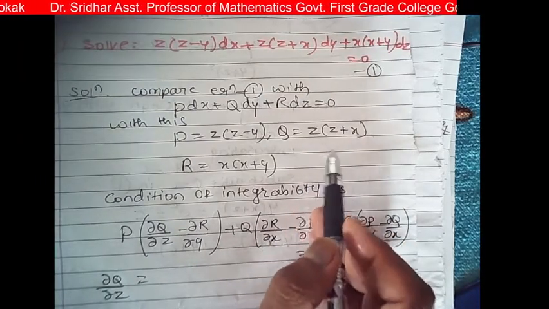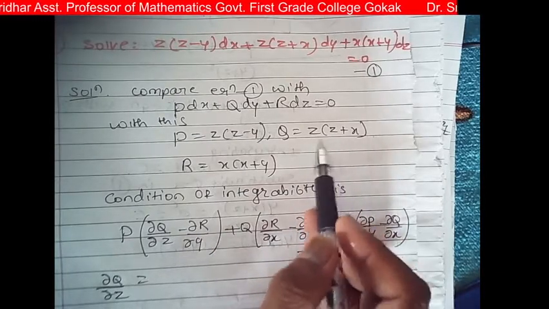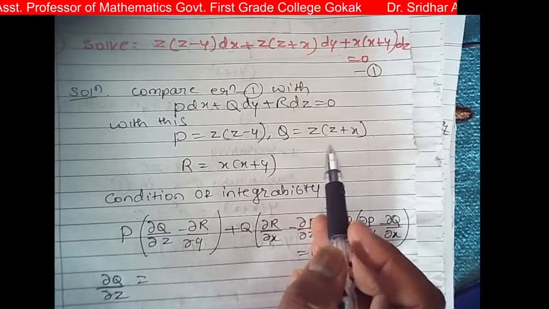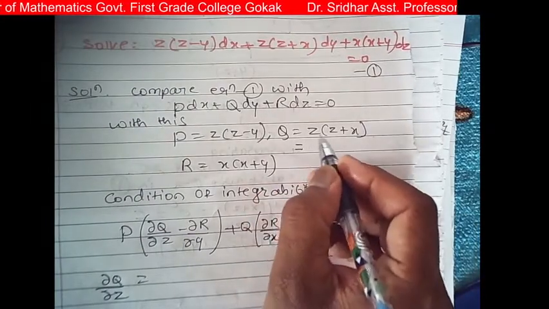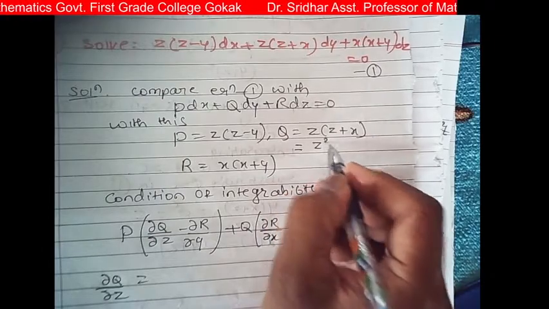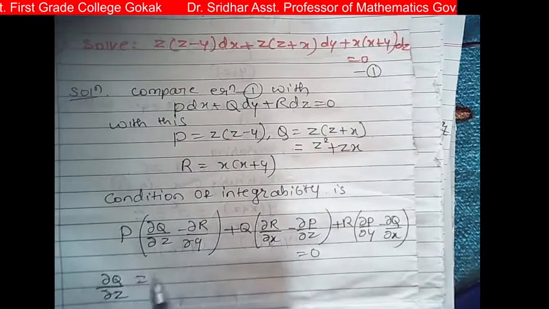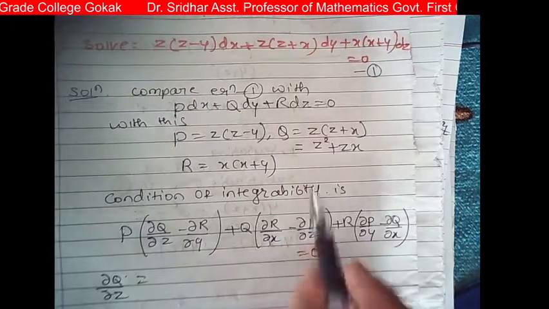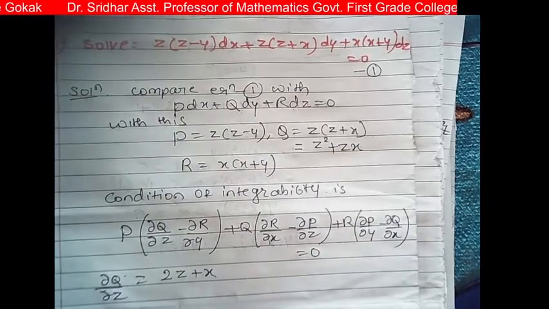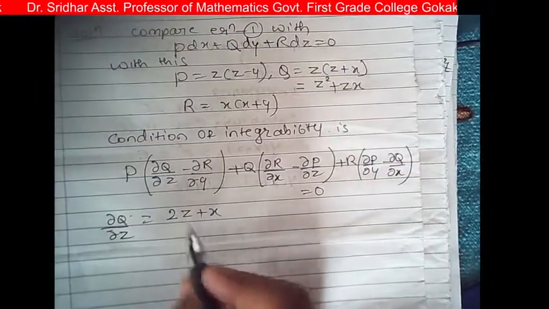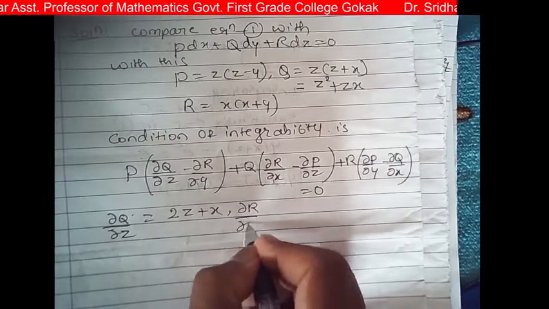Here to differentiate, either you can apply product rule or you multiply these and then differentiate. Both are one and the same. So what I do, I multiply first with z. So Q is equal to z into z, z square, plus z into x, zx. Now differentiating partially with respect to z, which gives 2z plus x. dou Q by dou z is equal to 2z plus x.